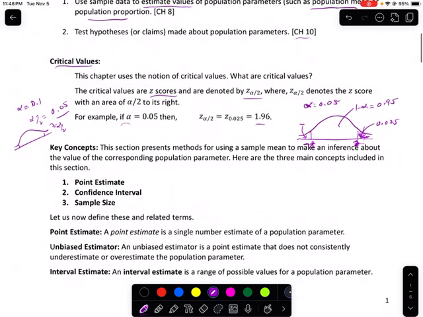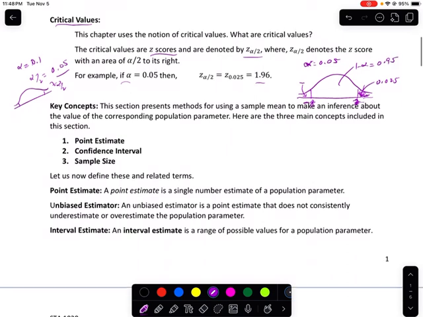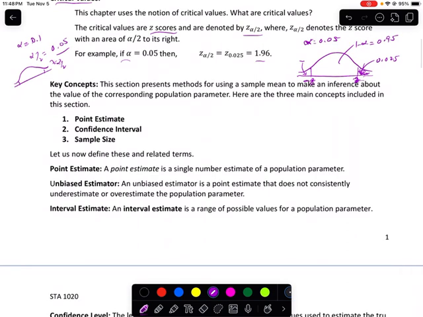In this chapter, as we said, we are going to see methods for using a sample mean to make an inference about the value of the corresponding population parameter. Actually, sample statistics, to make an inference about the value of the corresponding population parameter.